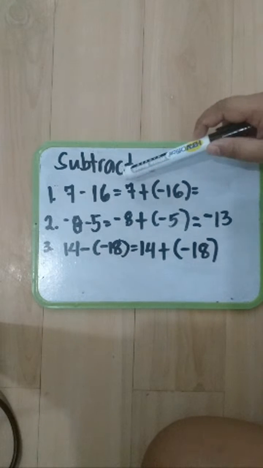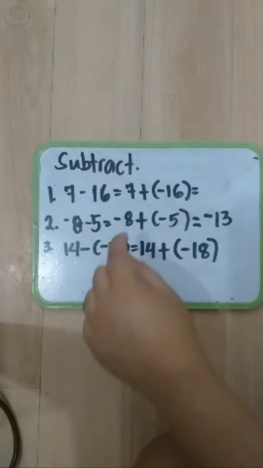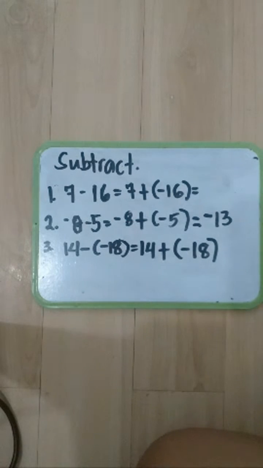Alin dito sa 7 at negative 16 ang may mataas na absolute value? Alin? Is it 7 or negative 16? Sabi ni Angel, negative 16 yung nandito.